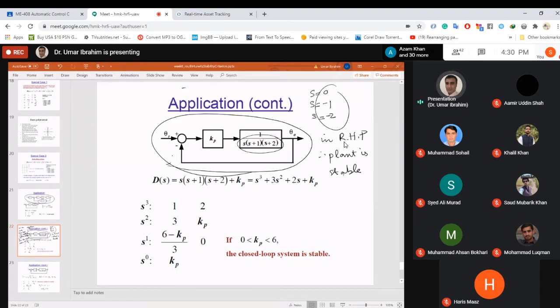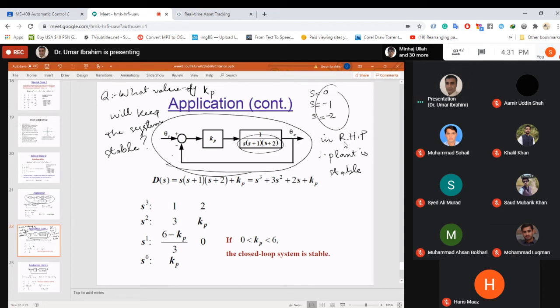So how can we find the range of Kp? Question. For Routh stability problems, you will get a question like this: what value of Kp will keep the system stable? This will be your question.